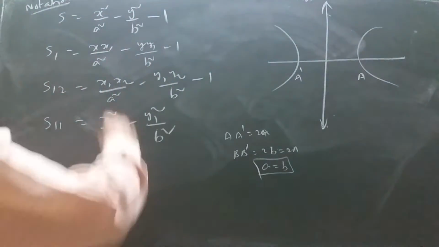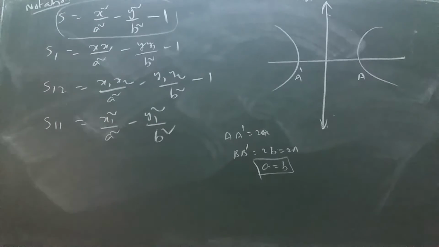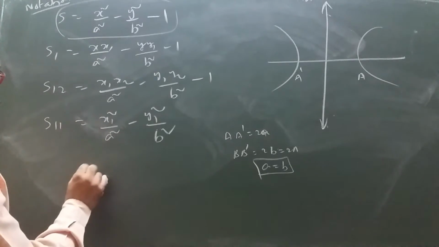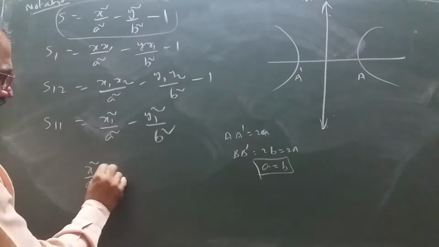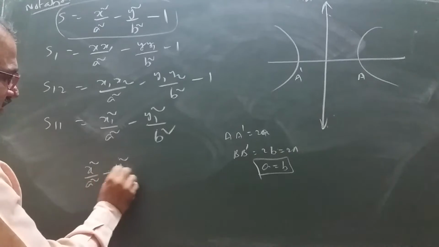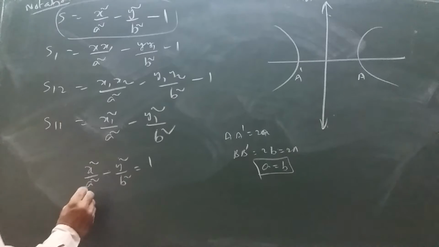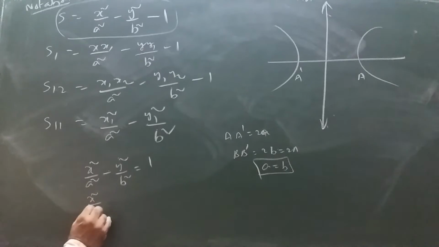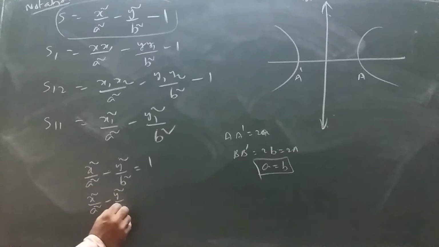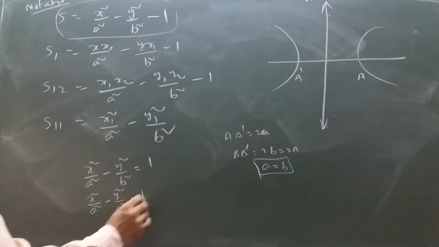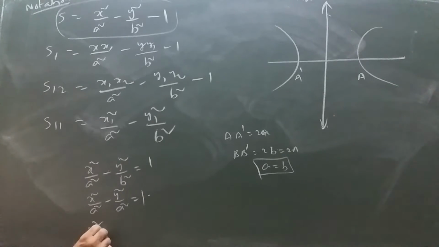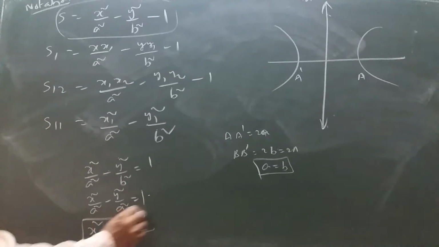If a is equal to b, what will happen in this? x square by a square minus y square by b square is equal to 1. If b is equal to a, then x square by a square minus y square by a square is equal to 1. That implies x square minus y square is equal to a square.